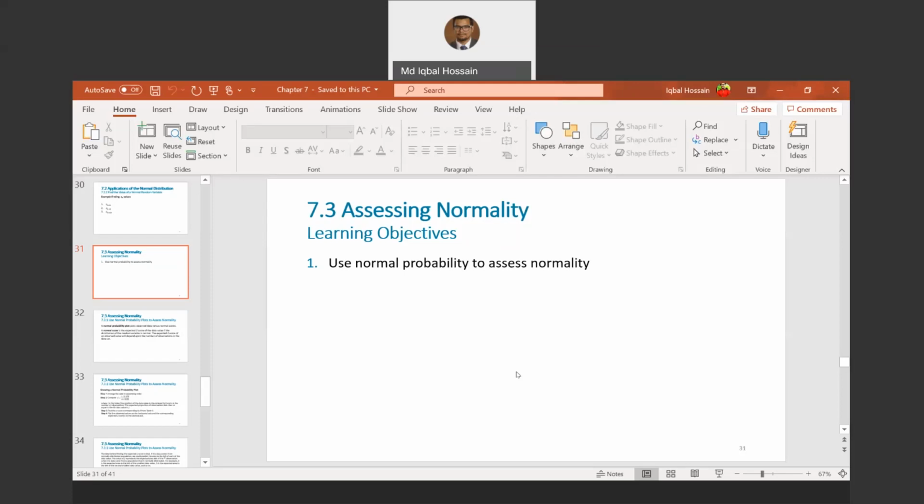And if we get a linear line, when we were doing scatter diagrams, we discussed what a linear relation looks like. The expected z will be on one axis, and the values will be on the y-axis.